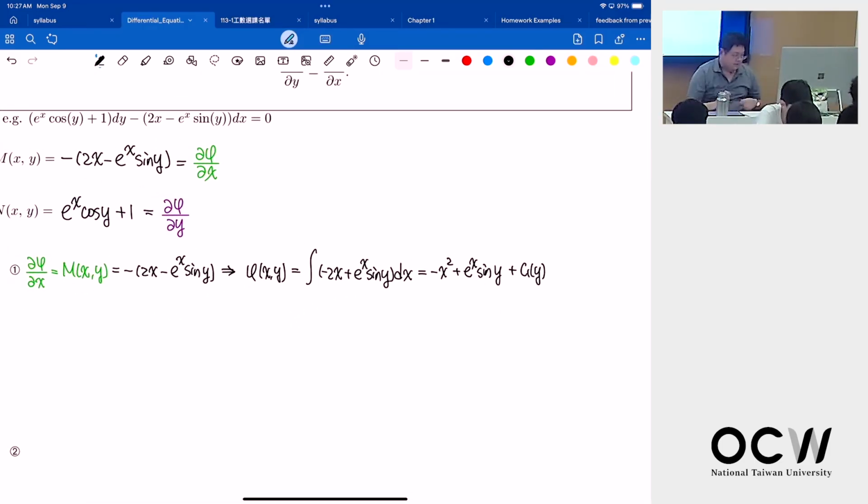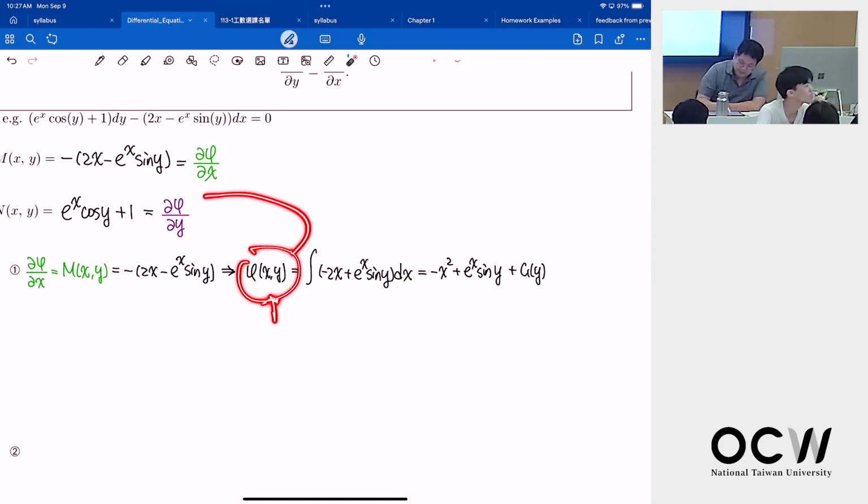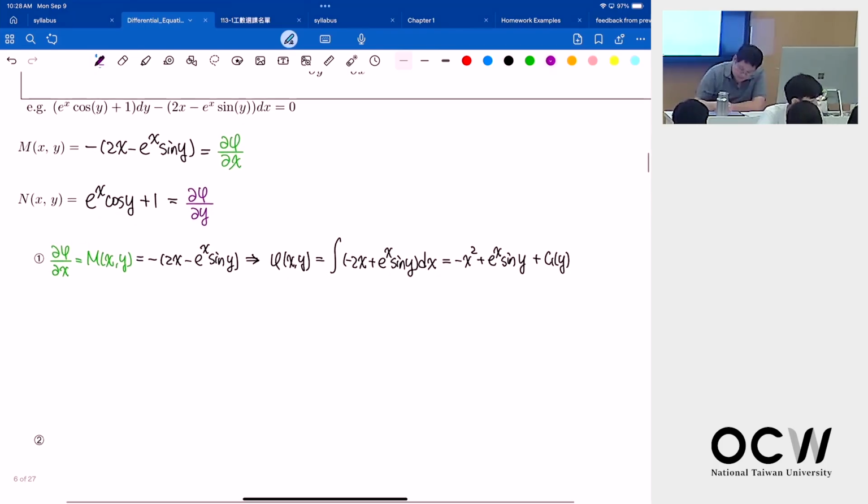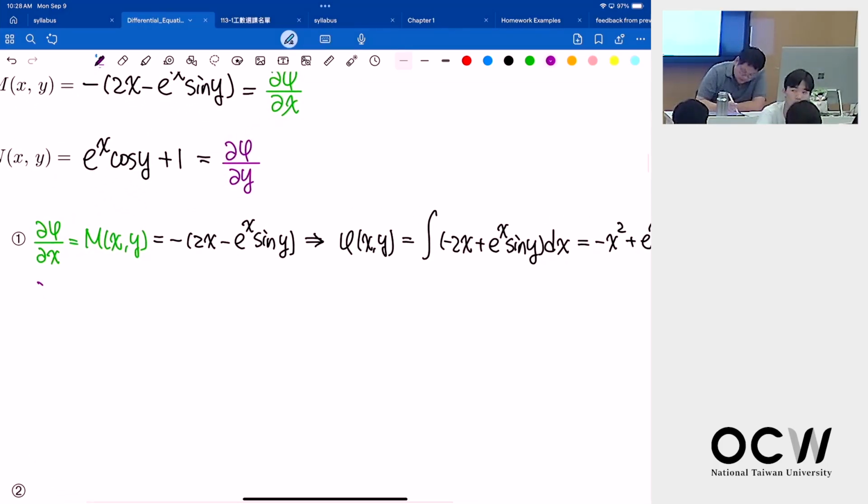Okay. Any questions so far? Now I have this phi function, the potential function. Okay, I can bring it back to the purple equation. So for the purple equation, partial phi over partial y, we know this is the function N. Now we can bring the potential function here.